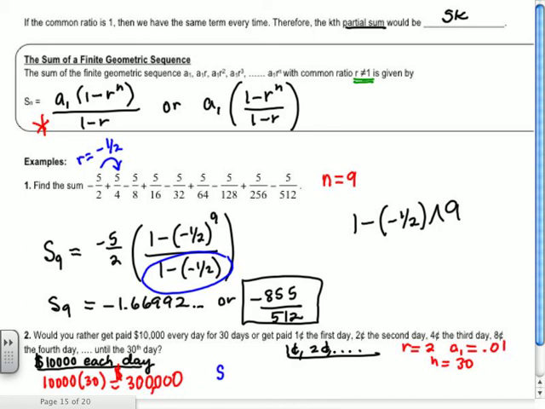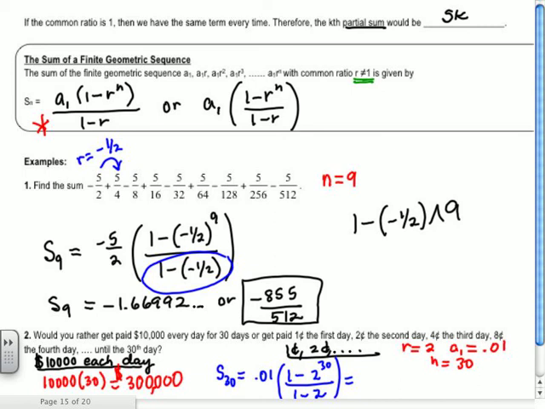So the sum of the first 30 days would be A sub 1, 0.01, times 1 minus R, where R is 2, so 2 to the 30th, divided by 1 minus 2. Let's do that all at once.